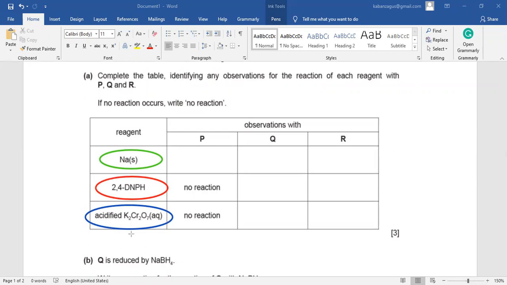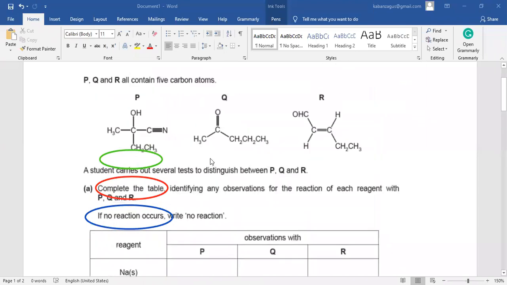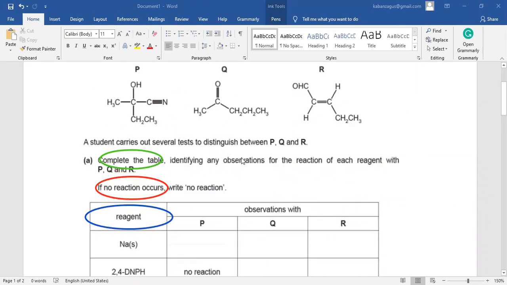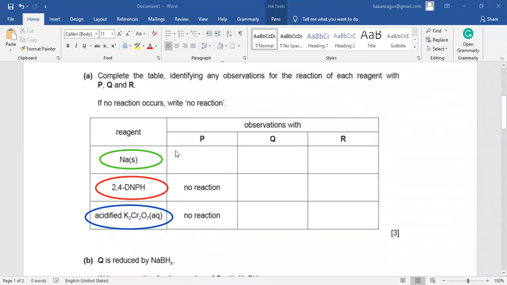We will attempt to add each of these reagents to the molecules P, Q, and R. So basically, the question is asking your understanding whether each reagent reacts or does not react with P, Q, and R.